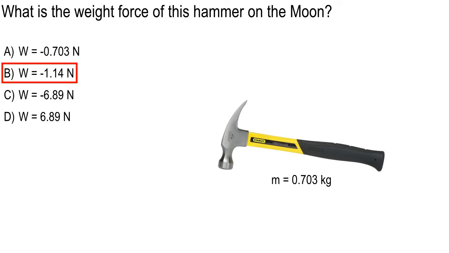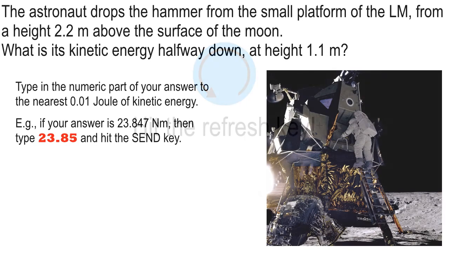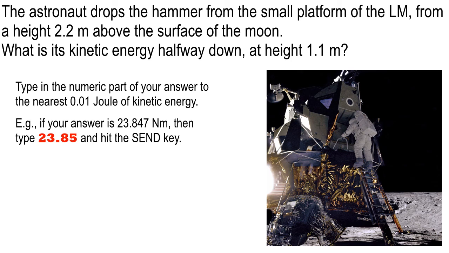And in order to prevent you from napping, you hit the refresh key again. And you know what that means. We've got a calculation coming. Here it is. Can you do it? Take your time. The astronaut drops the hammer from a small platform on the lunar module, the LEM, from a height of 2.2 meters above the surface.